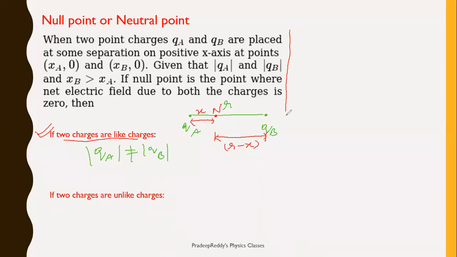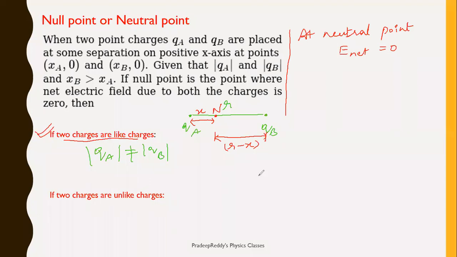Now a neutral point is that point where net field is equal to 0. I will be using that concept. At neutral point, E net is equal to 0. That means net field, because of both the charges, they will be nullified. Now you can observe it carefully.